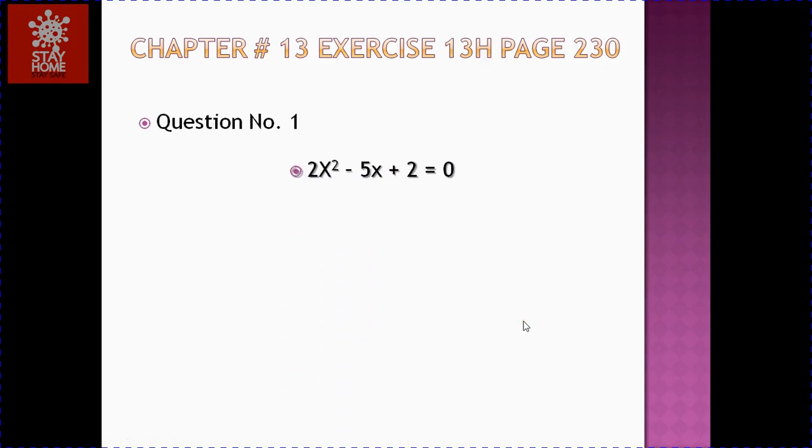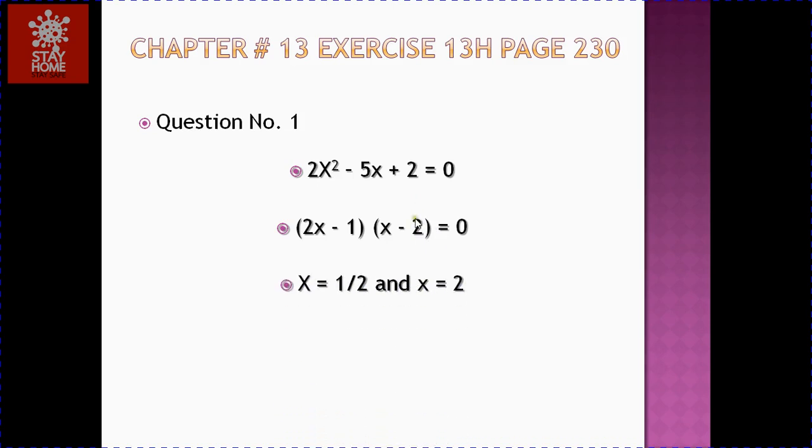So question number 1, see here, not only x square, here 2x square. When you factorize 2x square minus 5x plus 2 equals 0, it will be 2x minus 1, x minus 2. There are some steps in between, you can skip those steps and directly write these factors.